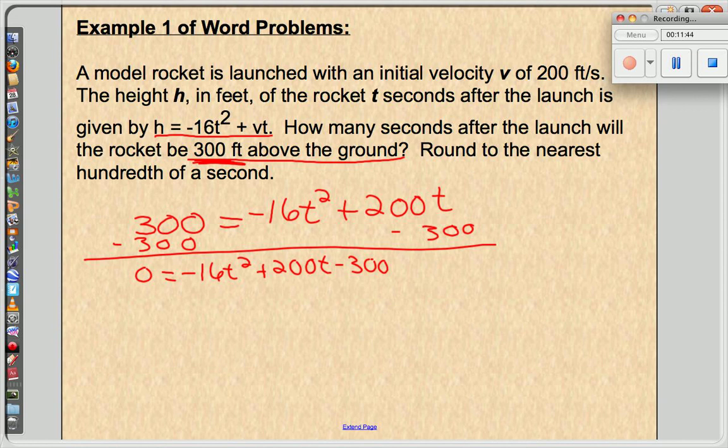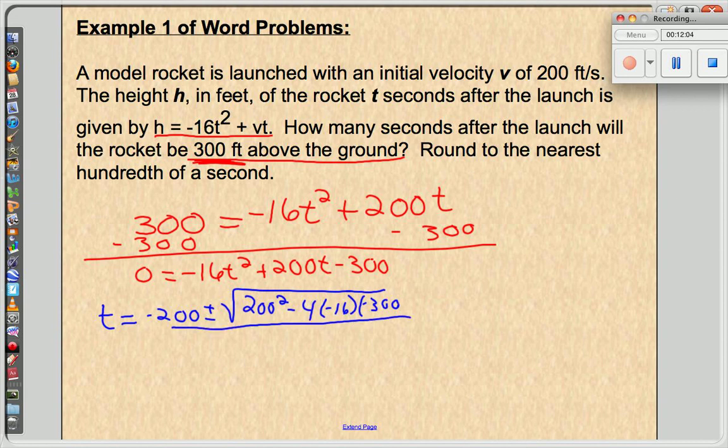So I'm going to use my quadratic formula here. t instead of x equals the opposite of b, so negative 200, plus or minus the square root of 200 squared minus 4 times negative 16 times negative 300, all over 2 times negative 16. So there's my quadratic formula. I might be able to factor this, but I'm not even going to try because the numbers are so big.